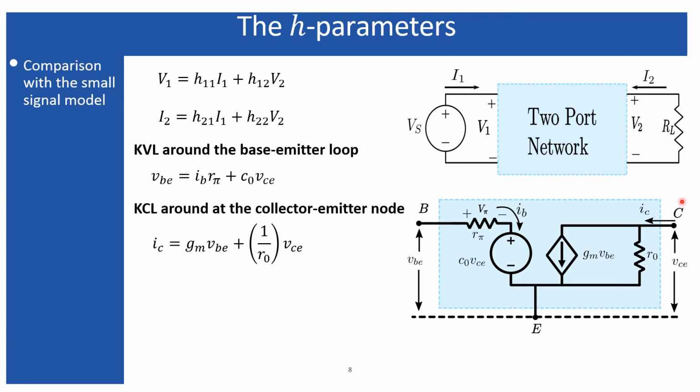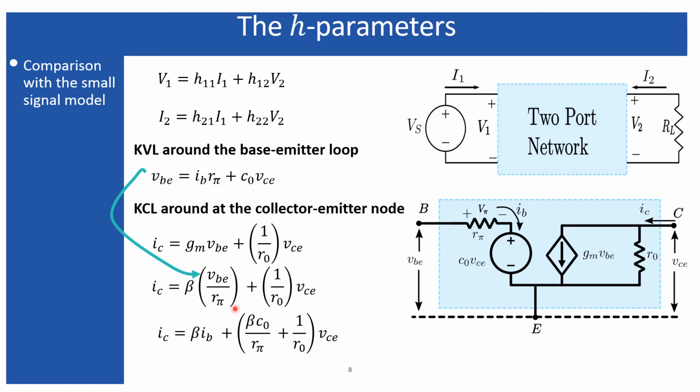Before comparing these two equations, just replace this GM by beta by R pi, as I did in my previous lecture, and VB divided by R pi. If you replace VB from this equation over here, it will result like this. So this output current is represented in terms of the input current and the output voltage.